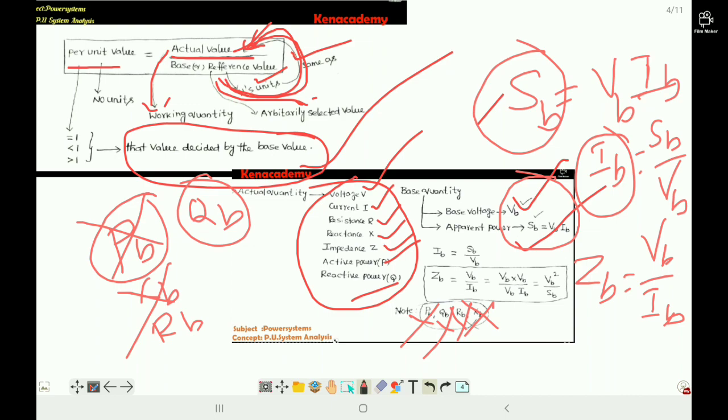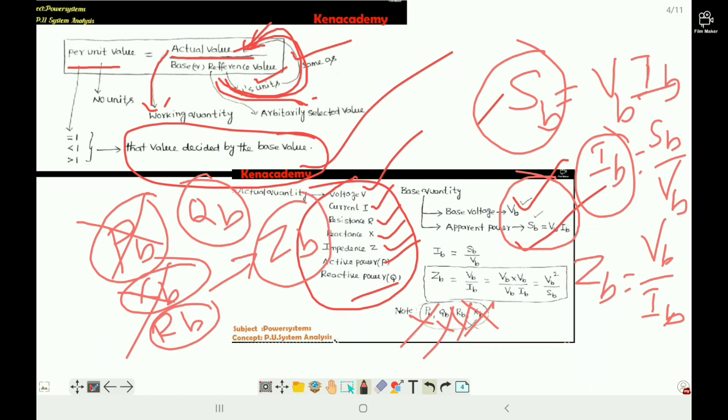Now the question is, sir, when I am calculating per unit reactance or per unit resistance, which is selected as a base? We never take reactance base, we never take resistance base. Always you take impedance base.